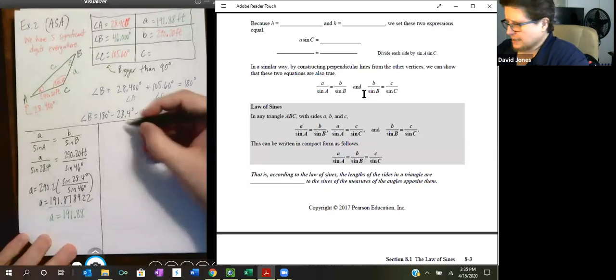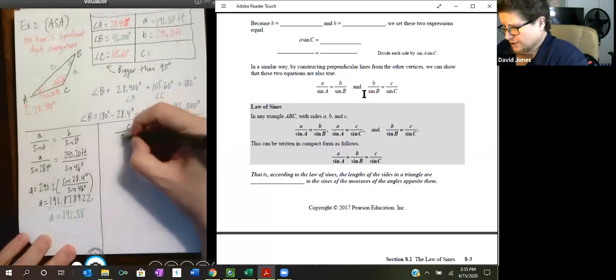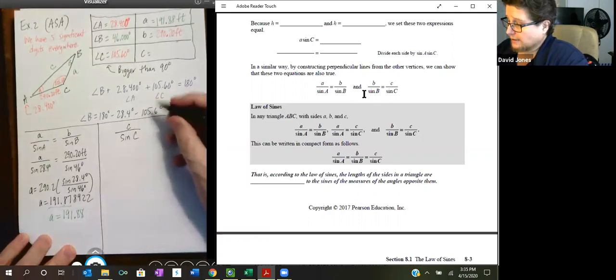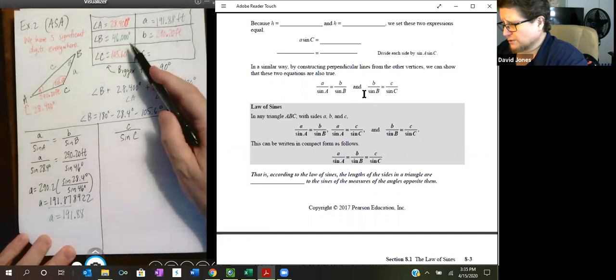I'll use B again for C because that was the easiest. That's the one that doesn't have any rounding in it. 46.000 was not rounded.